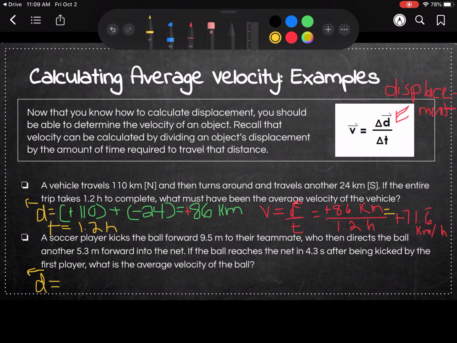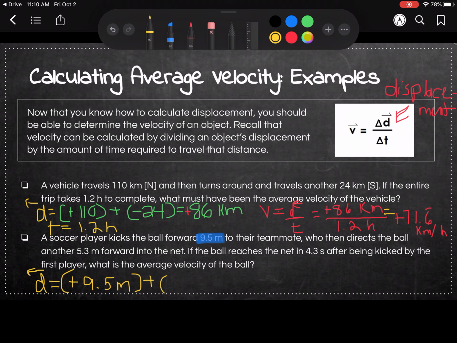So they say 9.5 meters forward. Forward is always in a positive direction. So I'm going to write positive 9.5 meters. Okay? To their teammate, who then directs the ball another 5.3 meters forward into the net.